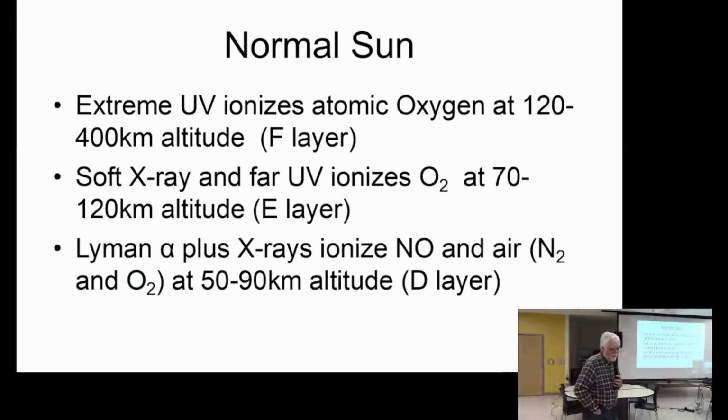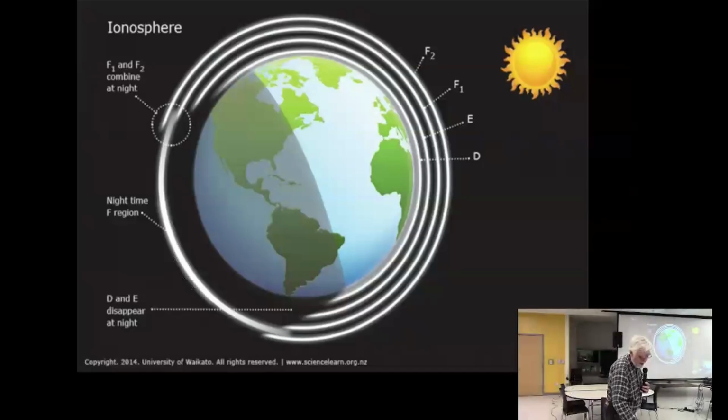And the important thing about this is, as I mentioned before in another diagram of the ionosphere, at night, because these regions are pumped to boil the electrons off by the solar radiation, when you don't have solar radiation, they start recombining.